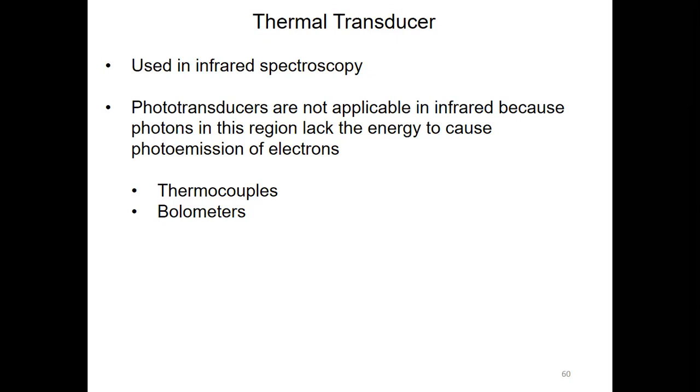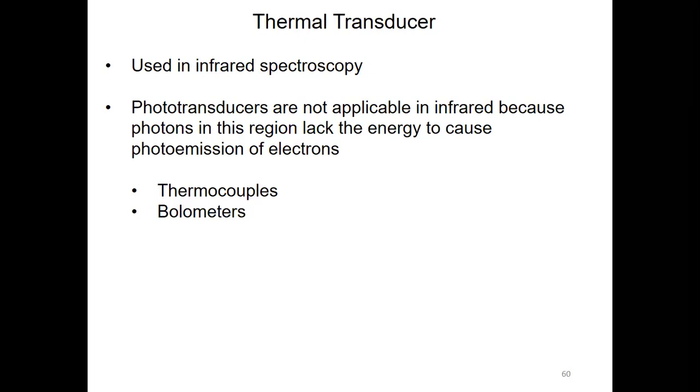In the phototransducers, photoemission should happen when the radiation strikes and it has a certain amount of energy. Because of that energy, electron emission, or photoemission, happens. But this IR range lacks the energy to cause the photoemission of electrons. It has lower energy, right?